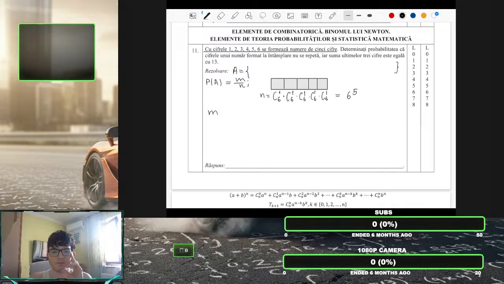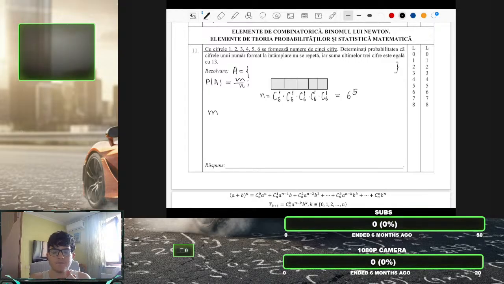And after this, what? It's 6 to the 5th power. And now we calculate the m, basically.